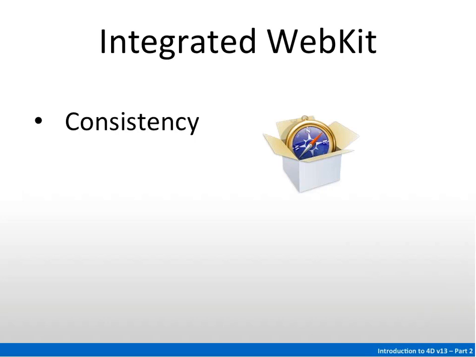We support Mac and Windows, and like I just said, if you've done any web development, developing for more than one platform can often be a pain. WebKit is also a cross-platform piece of software. By offering the integrated WebKit, we're going to give you the same behavior, the same rendering, the same consistent interface on both platforms.